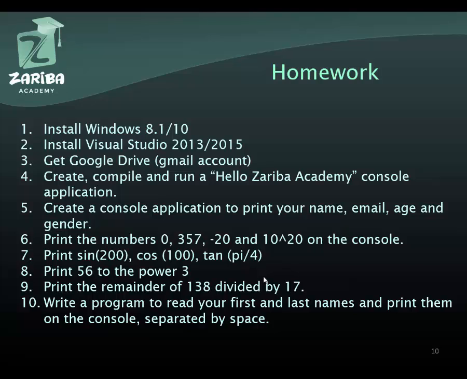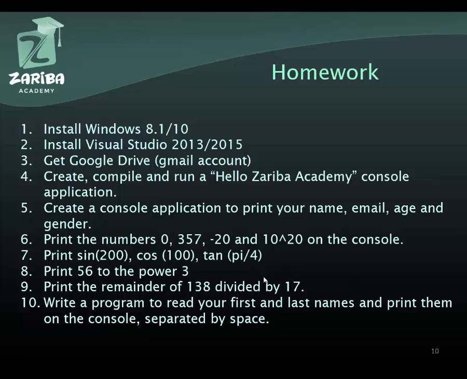But by the end of this course, if you're getting really far up to the 4th one, you will need to do this at some point. Then install Visual Studio 2013 or 2015. Earlier versions are going to work, but it's always better to have the newer stuff, and especially if they're free now, why not?